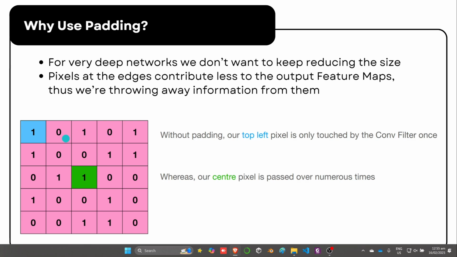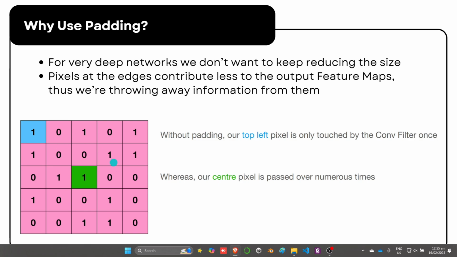They only get touched once, or a lesser number of times than the pixels in the middle, for example this one and this. That means they contributed less to the output of the feature map, and that means we're throwing away information from them.